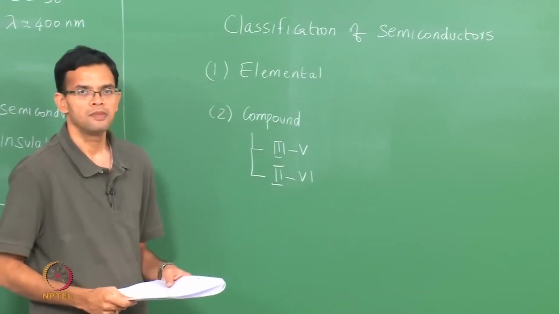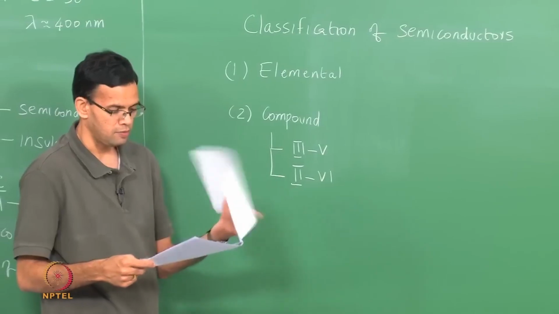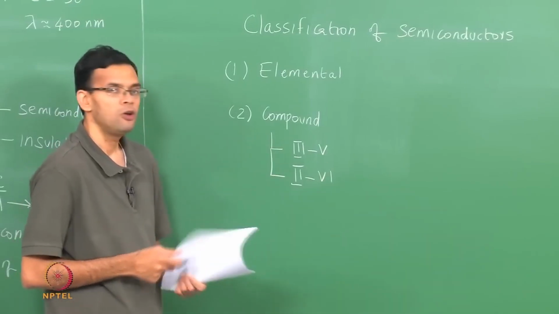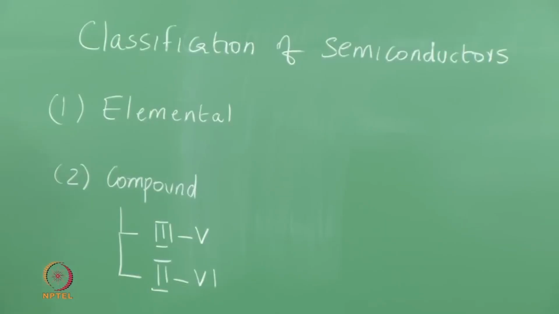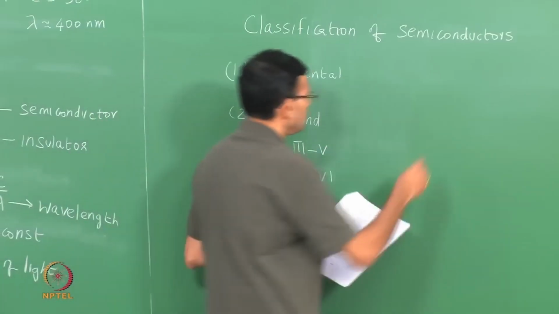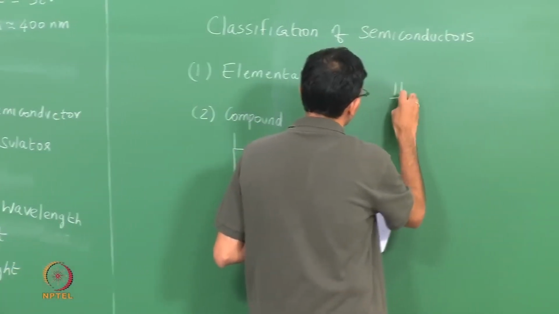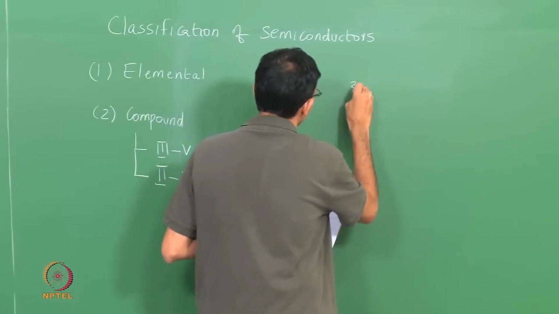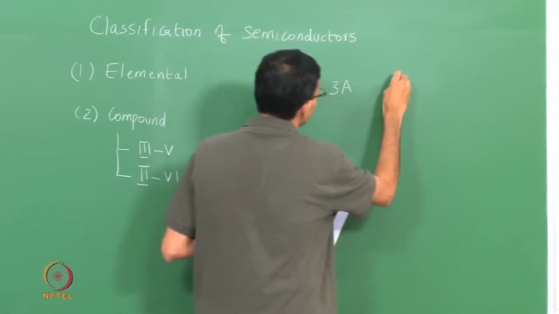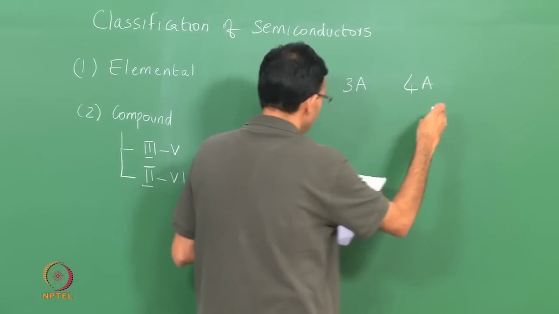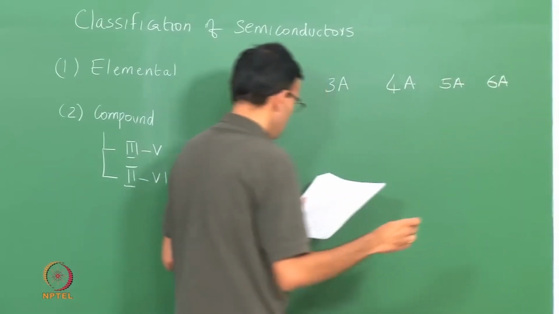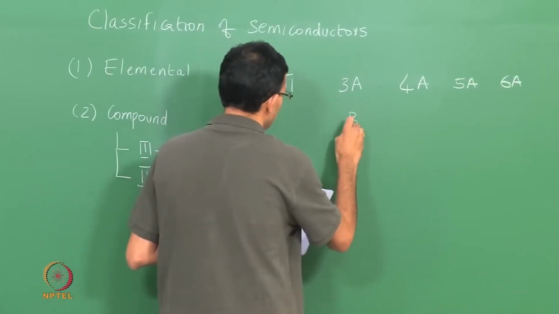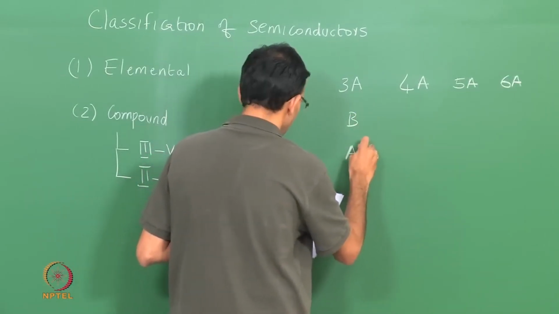To understand them, let us take a look at the periodic table. We will not look at the entire periodic table, but focus ourselves in the area where we have the groups 4, 3 and 5. If we do that, so group 2, you have 3A, 4A. Let me just write down the elements.